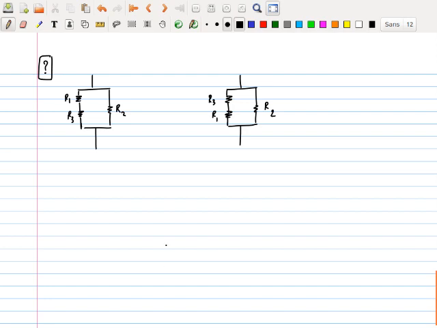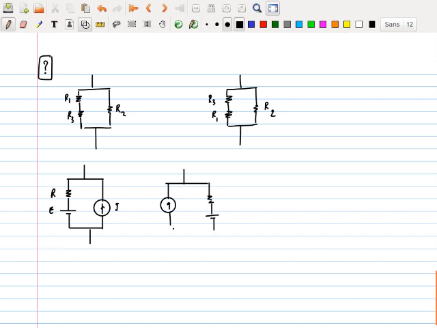Now let me take it a step further. Basically, if I have a circuit like this, with R, E and I, and if I change it to this, do we have any difference in the circuit?